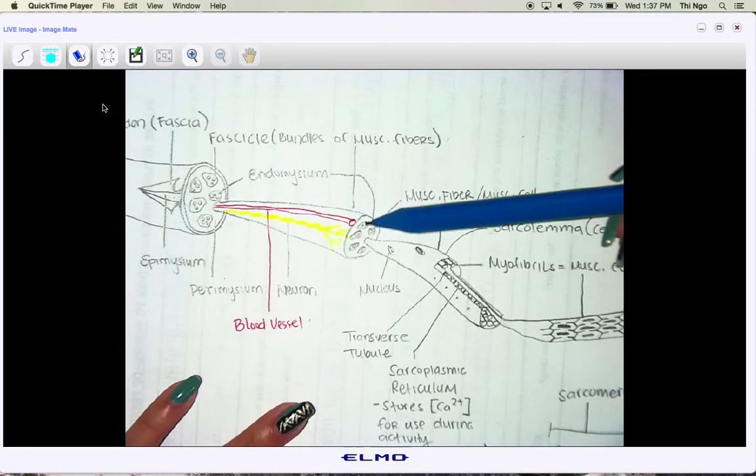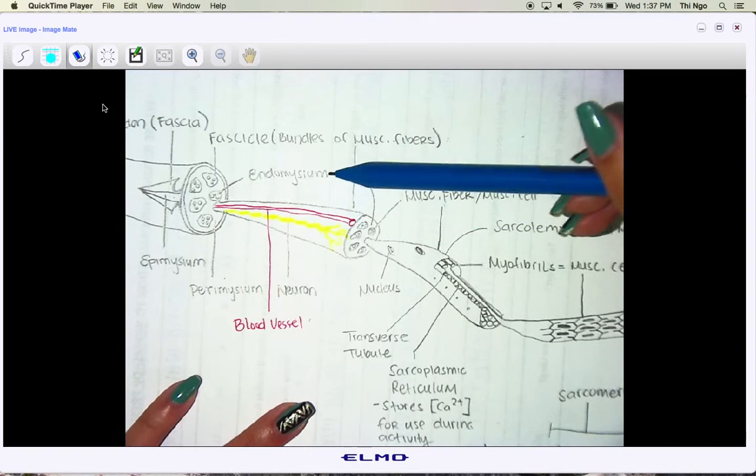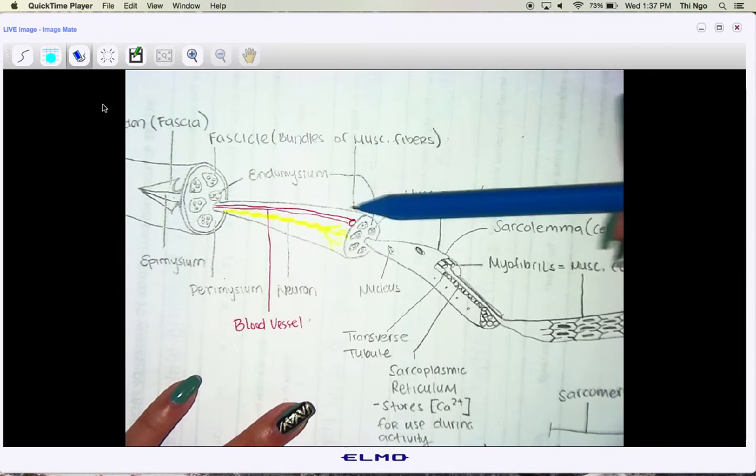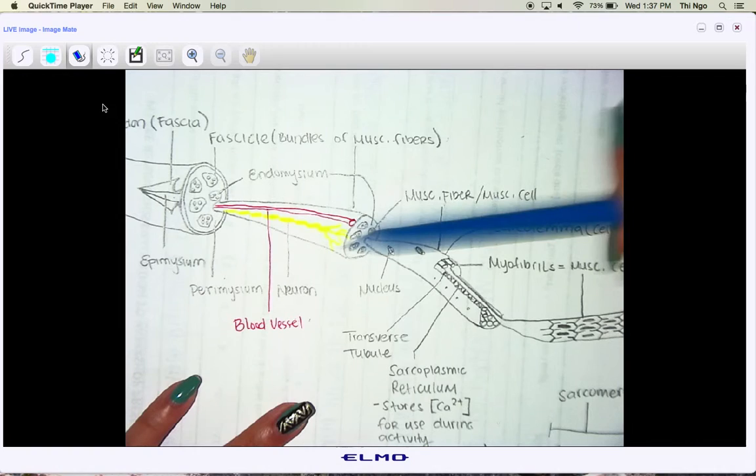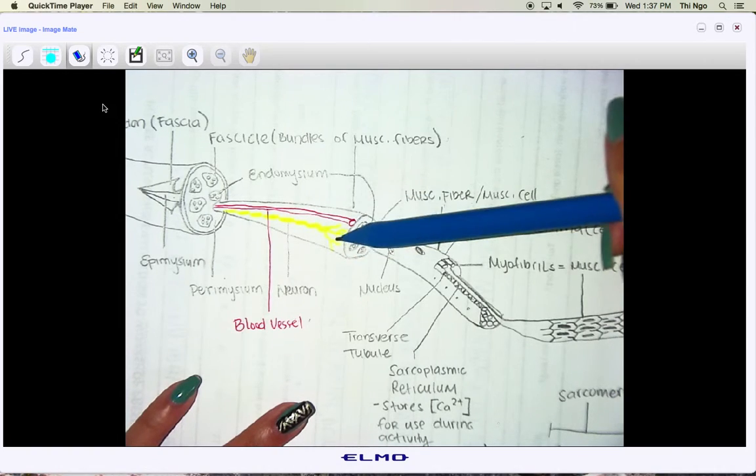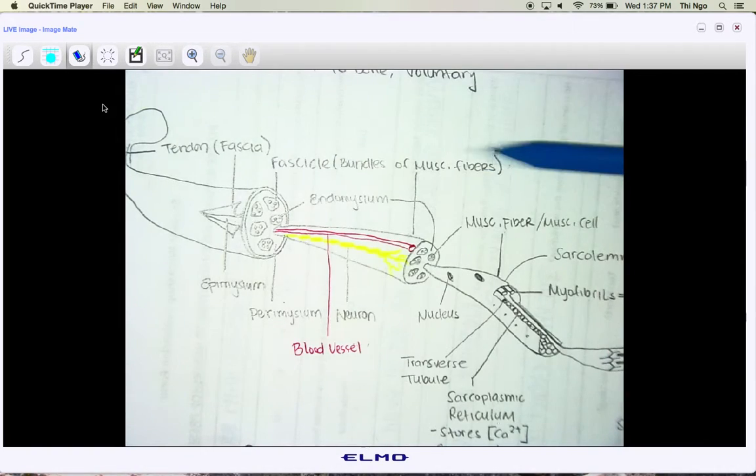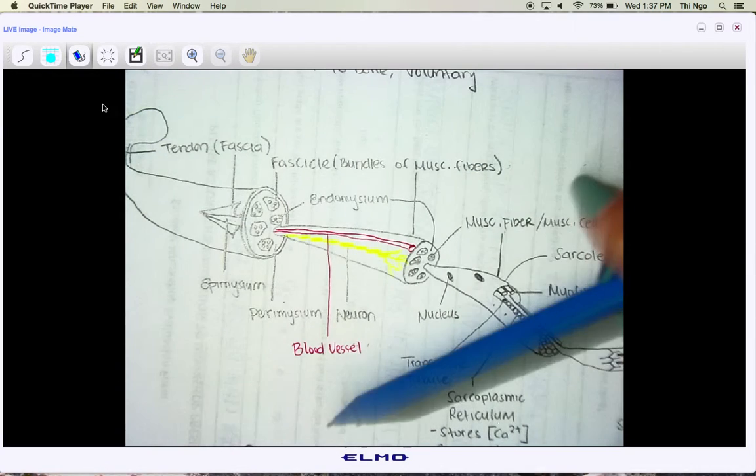Muscle fibers are separated from each other by this connective tissue called endomysium, and that endomysium wrapped around all these muscle fibers is known as a fascicle, which is just a bundle of muscle fibers.